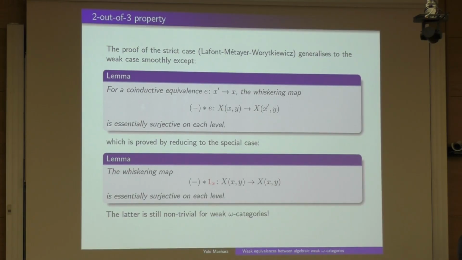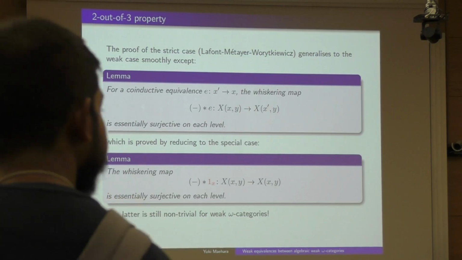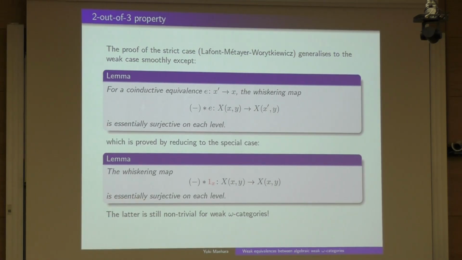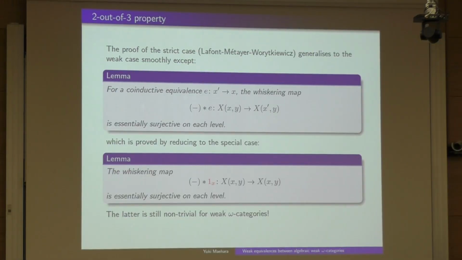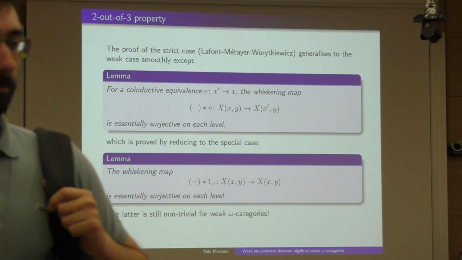Any questions? You might have missed it. Did you say that the weak equivalences form a weak omega category or a groupoid? I would expect a weak omega groupoid. So you're talking about cells in a single weak omega category, or things between?